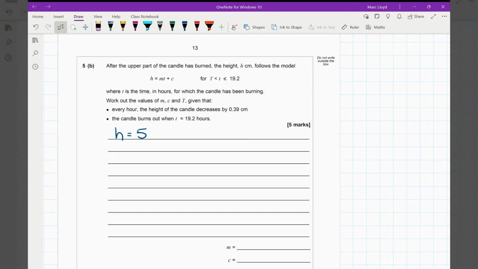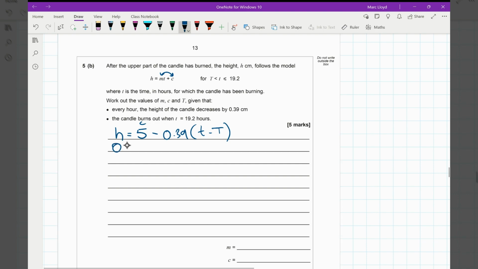And take away, so I've flipped these two bits here. So 5 is my c value, and then mt is about to appear next to it. 0.39, and then open bracket, t minus big T, close bracket, because our time, or our t value, is between 19.2 and T.